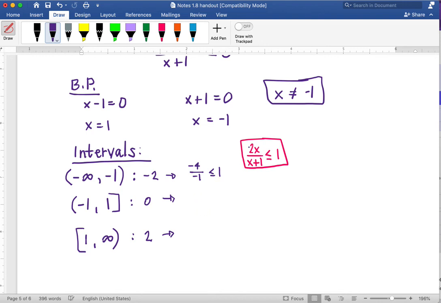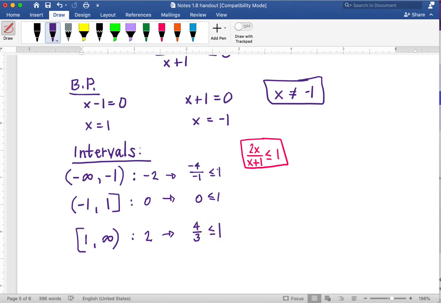The numerator is 0. 2 times 0 is 0. I don't care what the denominator is. That side is a 0. 0 less than or equal to 1. And then when I substitute a 2, this is 4 over 3. Is that less than or equal to 1?